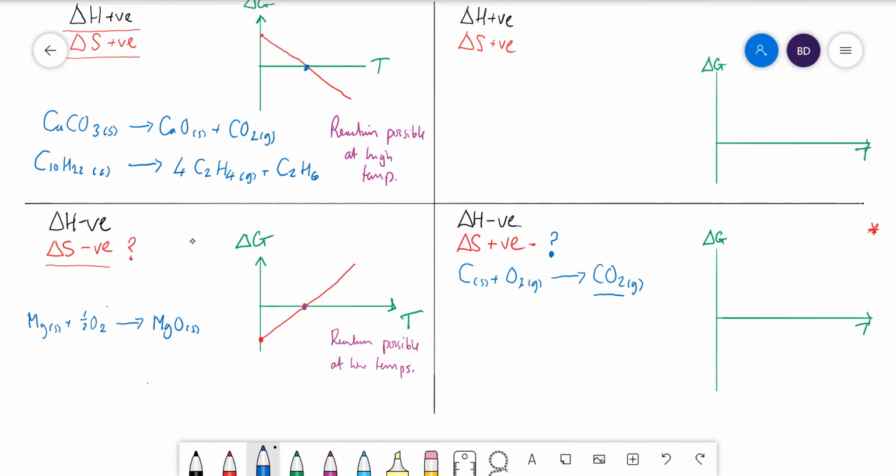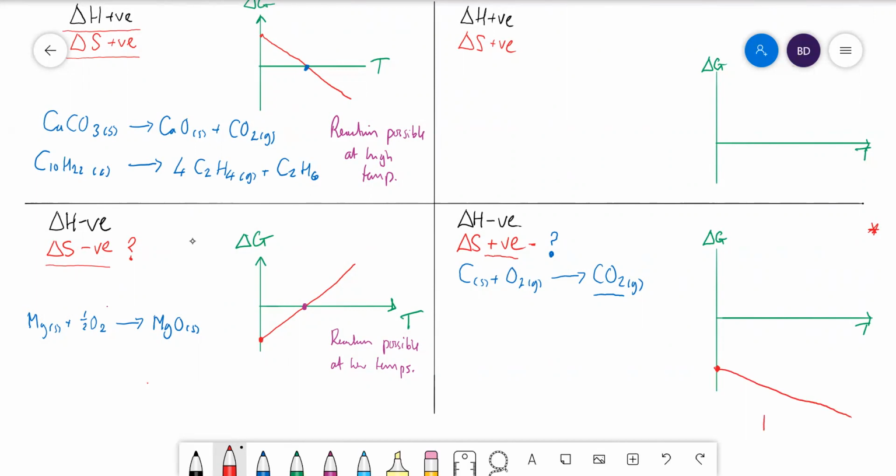Right, what's the graph going to look like then? We've got the intercept down here, because delta H is negative, and the gradient is going to be negative because delta S is positive, so your line is going to go like that. So you can see that delta G is always negative.